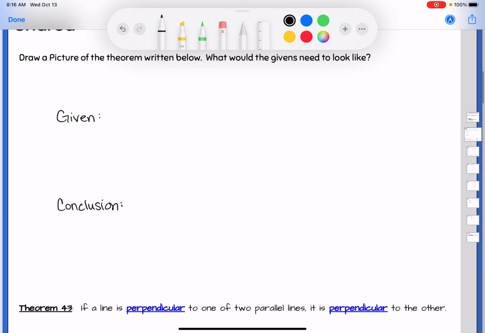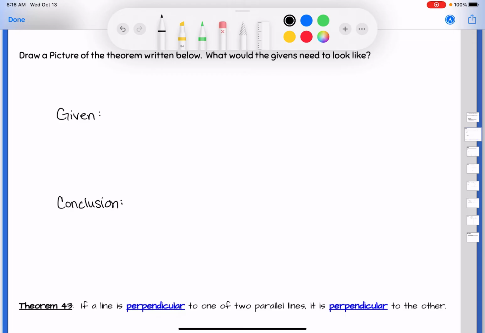Now this first one, sometimes it's easier to see a new theorem and draw it out rather than start with a proof and try to figure out what they're trying to say. This is really one of the big ideas on why we did that lesson back in 4.2, where we drew our own pictures and set up our givens and our proof statements. So we're going to practice that here.